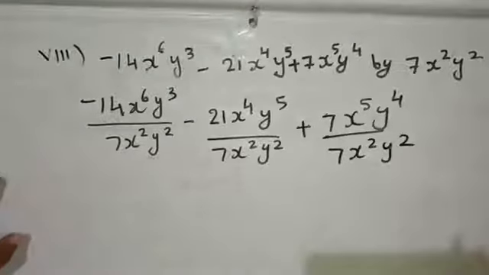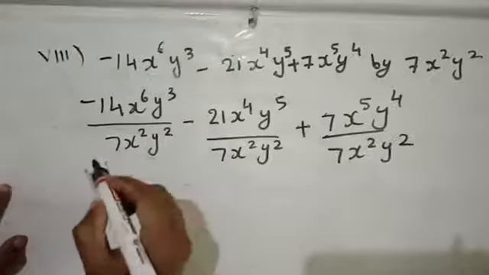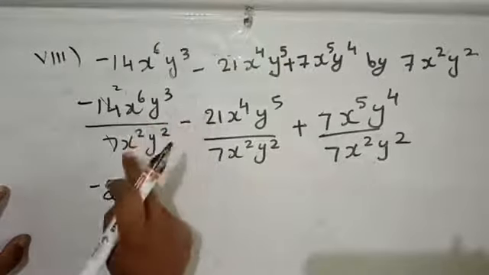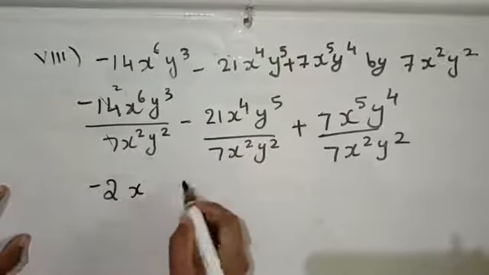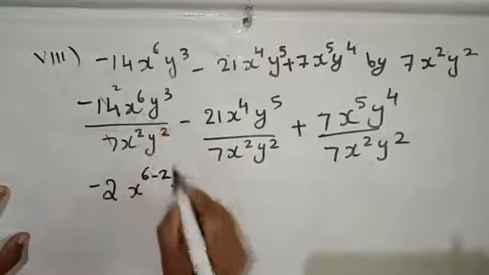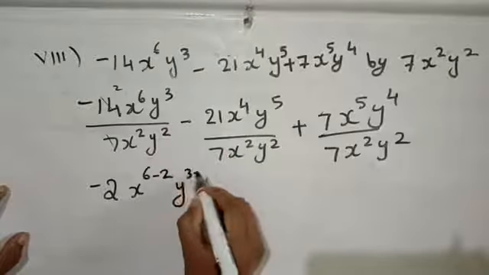See, each and every term we can divide by this 7x square y square. Now, we know that 1 7s are 7, 2 7s are 14. Here minus sign is there, so minus 2. X raised to 6, x raised to 2. A raised to m by a raised to n is a raised to m minus n. 6 minus 2. Then y, 3 minus 2.